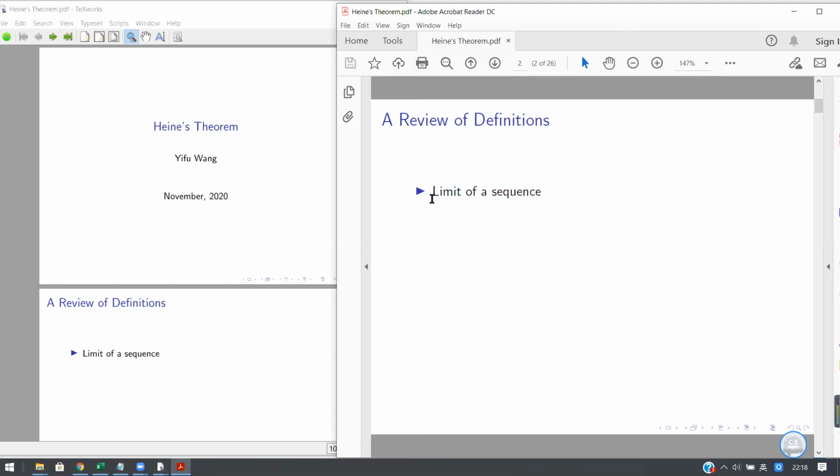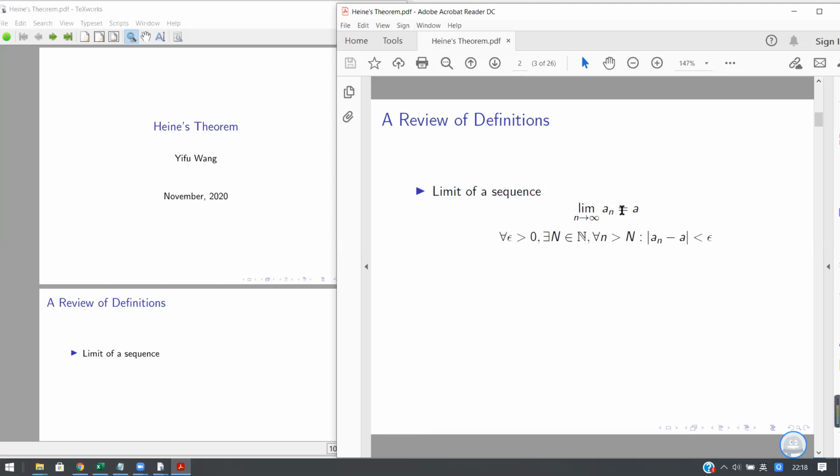In the past, we have learned the limit of a sequence, and we spent a lot of lectures dealing with the limit of a sequence. Can anybody remember the epsilon-N definition? Yes, we have used it many times.